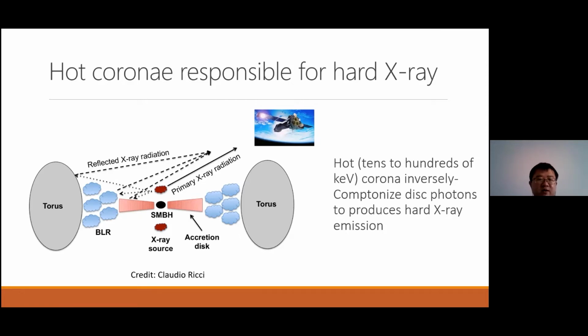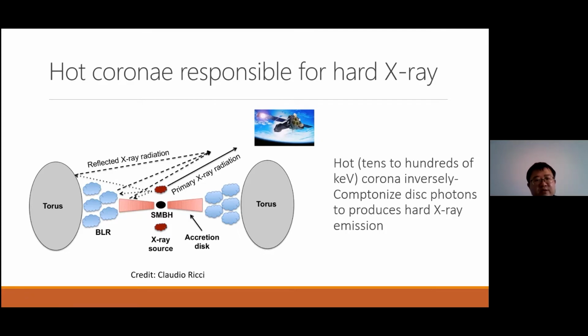And this plasma will inversely Compton scatter seed photons from the accretion disk and also from other regions in the case of AGN. Then naturally, for observers, we see power law emission with cutoffs.